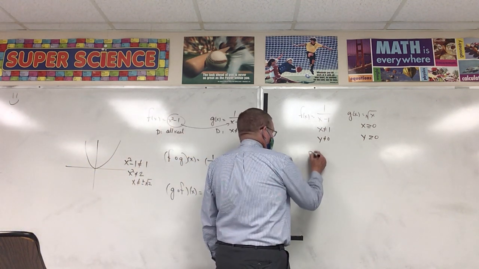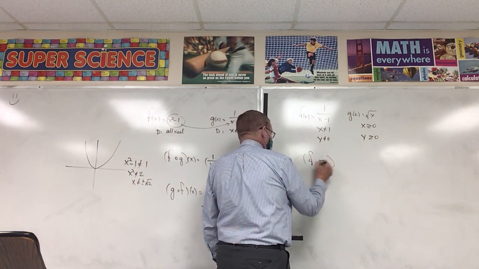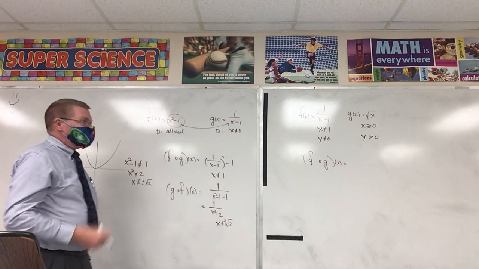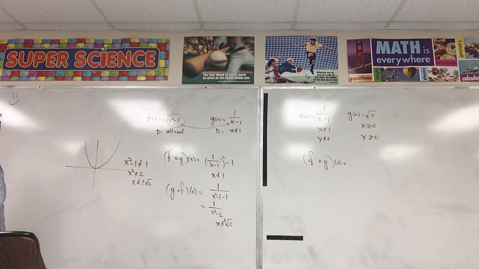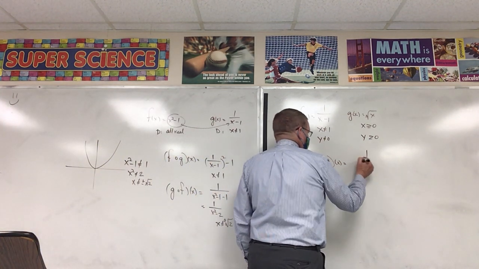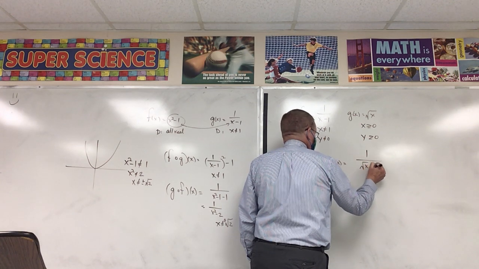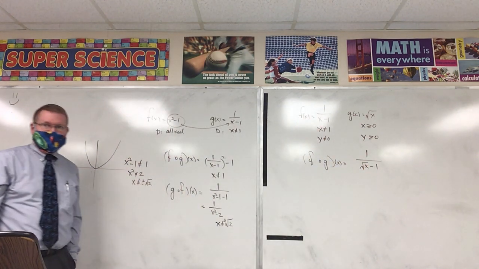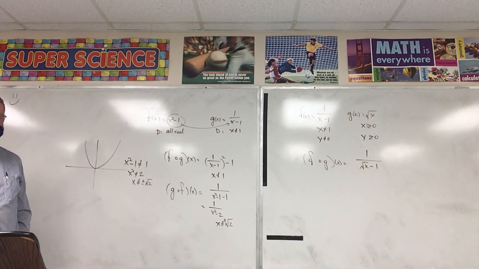So we're taking f circle g of x. All right, how are we going to find our function? f of g. Correct? And that's the easy part.